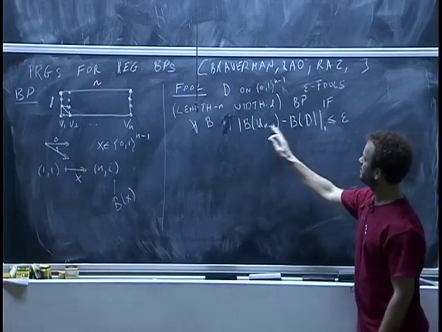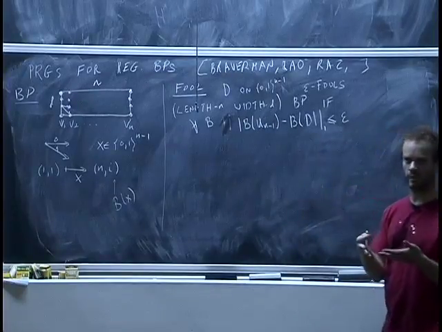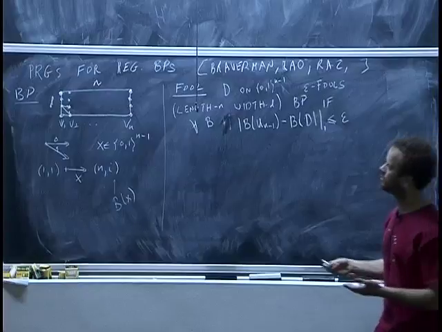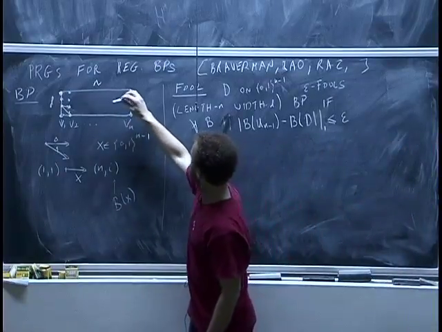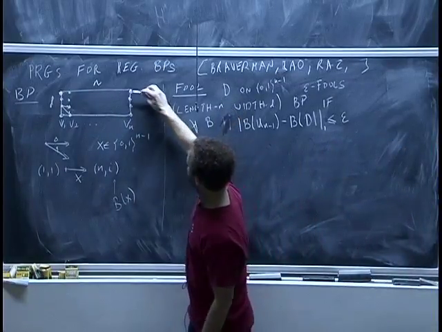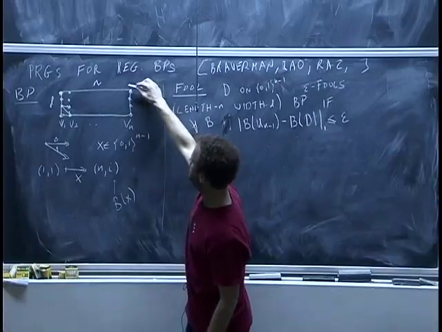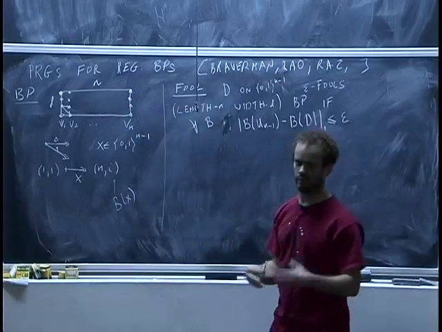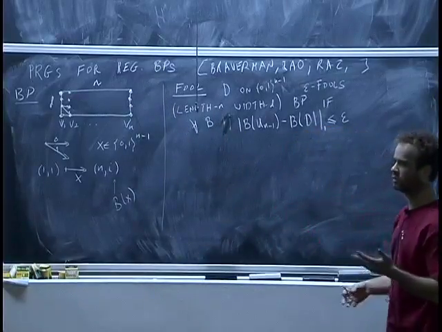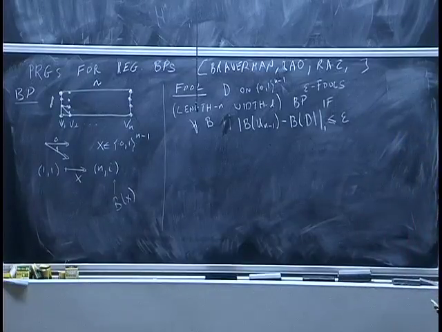So we want these two distributions to be statistically close. So we choose x according to the uniform, we get some distribution here. We want D to have the same distribution on the last layer. So this is what I mean by fooling.